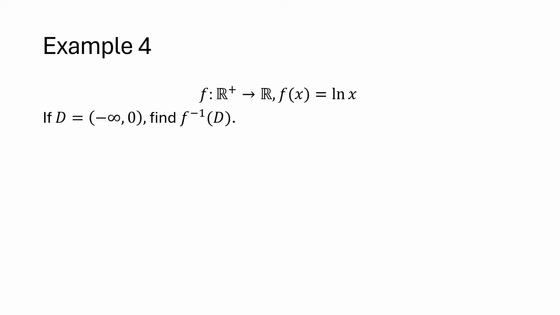For our last example, we again want to find the inverse image of some set D. We have a function f of x equal to ln x, and we want to see if the y values that we get out are from negative infinity to 0 excluded, meaning we only get negative y values. Which x values will give us this result?